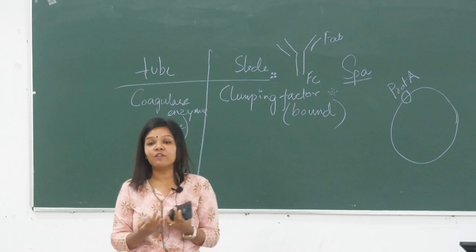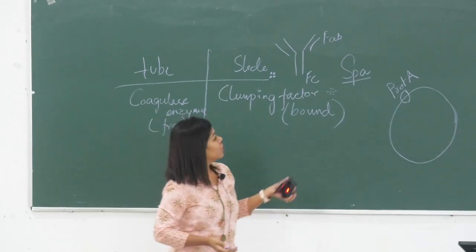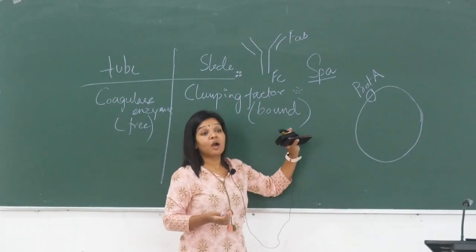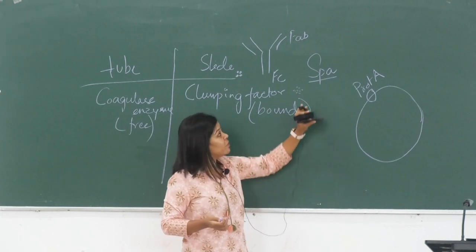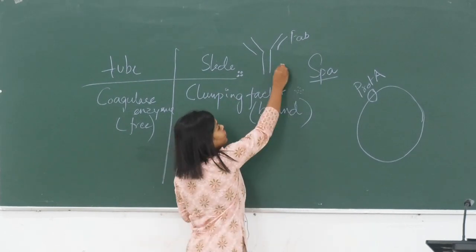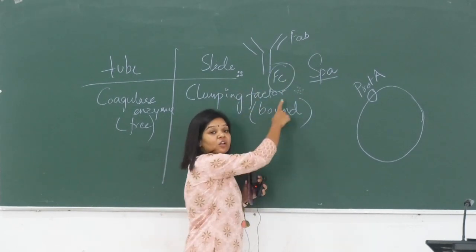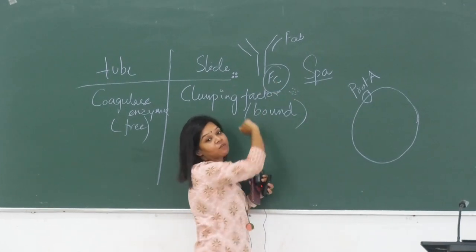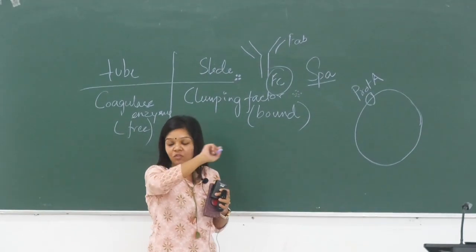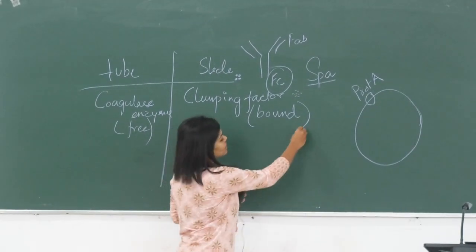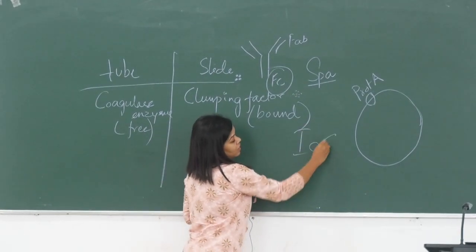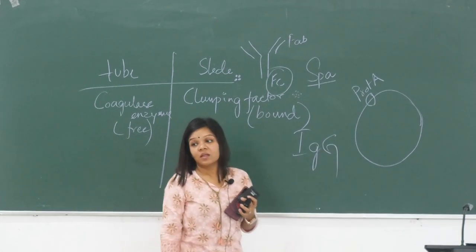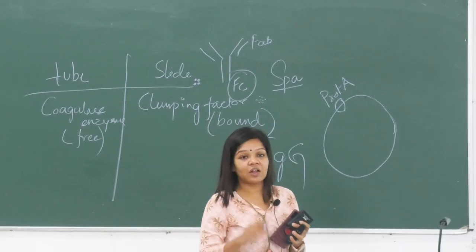So there is a competitive inhibition of the complement. First complement which was supposed to get attached to Fc region, instead of complement, the protein A goes and gets attached to the Fc region of the IgG. Okay. That's why the antibodies they cannot react.